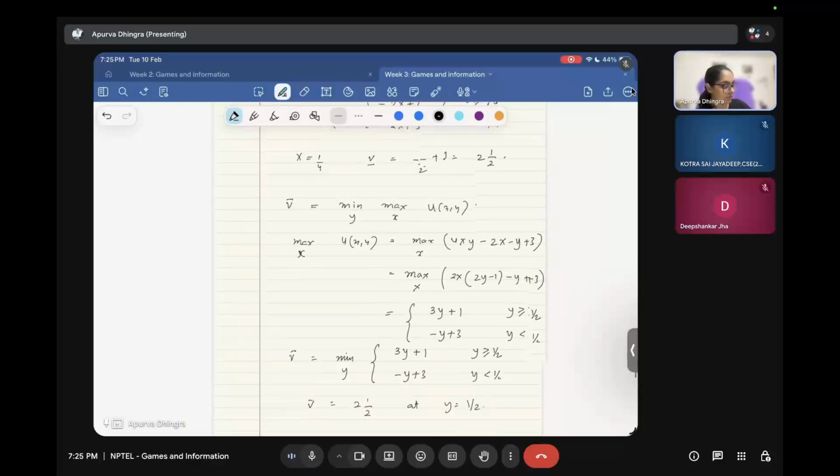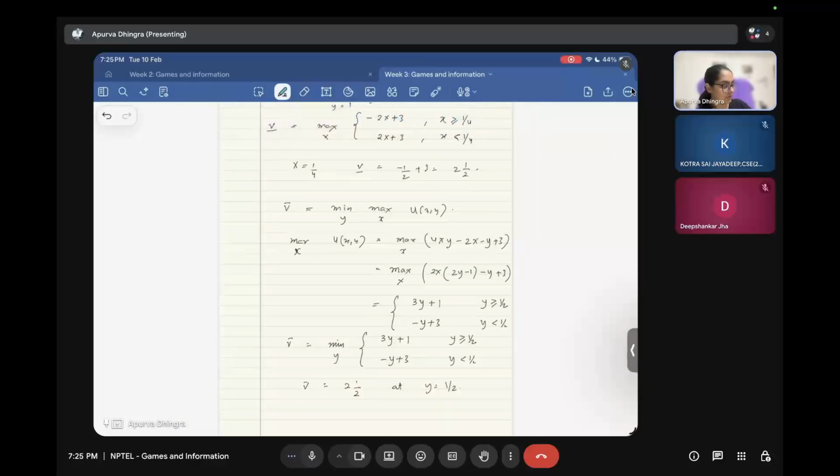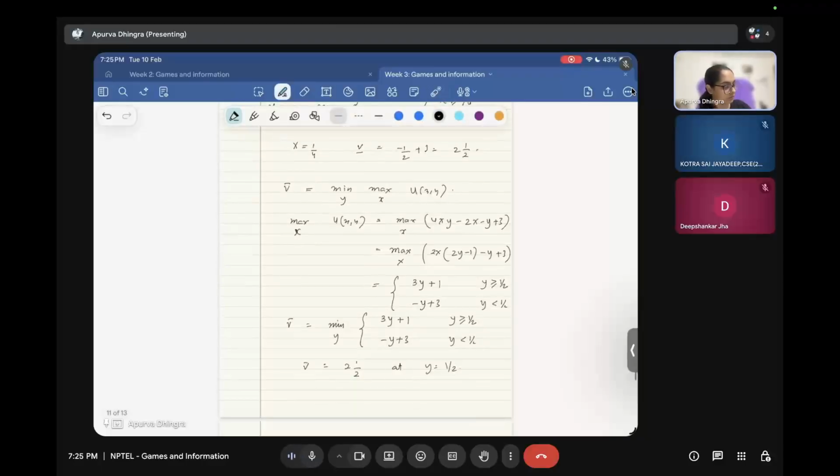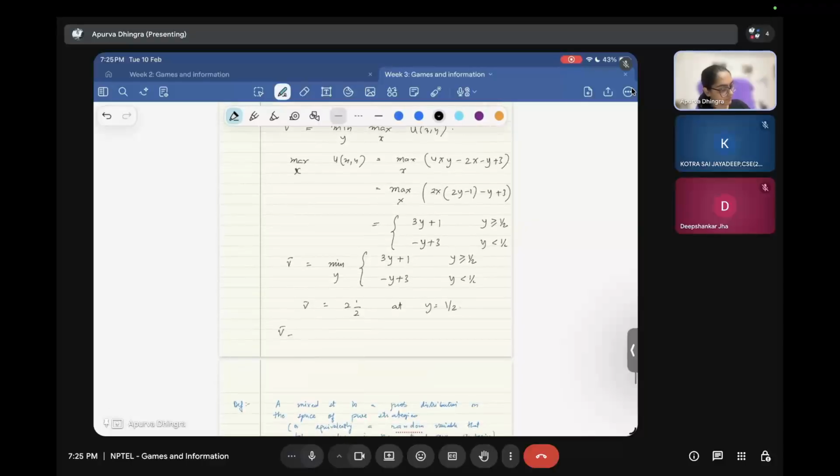So now you can see again these security levels are matching in value. So whatever we got as the security strategies, that will form a stable point. This is the value of the game, and y star equal to half and x star equal to 1/4. These form the saddle point together.